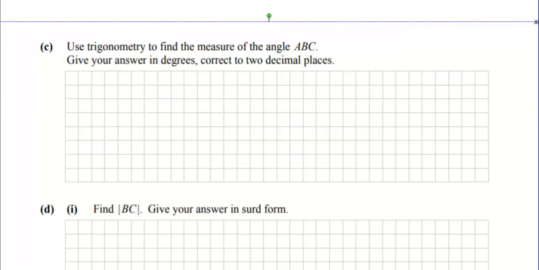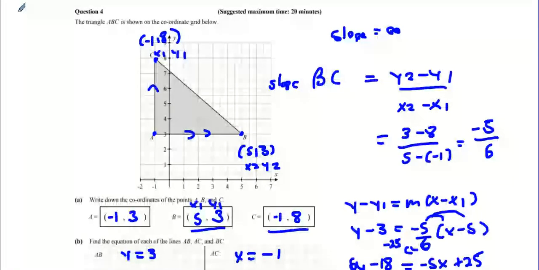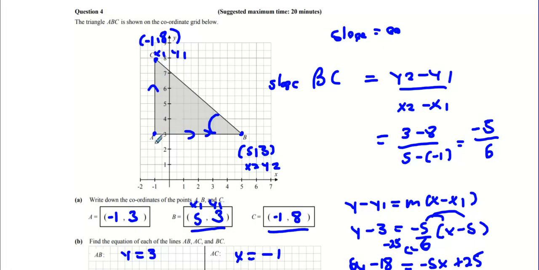Next one. Use your trigonometry to find the measure of the angle ABC. Give your answer in degrees to 2 decimal places. Okay. So what angle is it looking for? Angle ABC. So angle ABC is A to B to C. So it's this angle here.